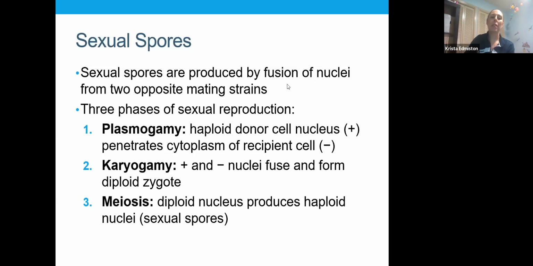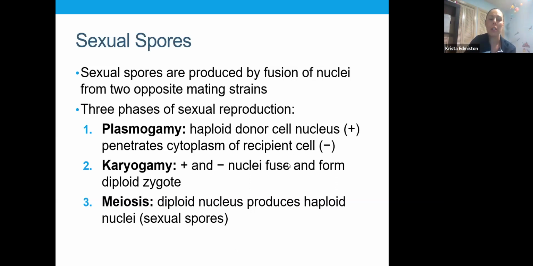There are three different stages of sexual reproduction. Instead of male and female, we have plus and minus. So we have a plus strain of the fungal cell and a minus strain coming together to form a zygote.